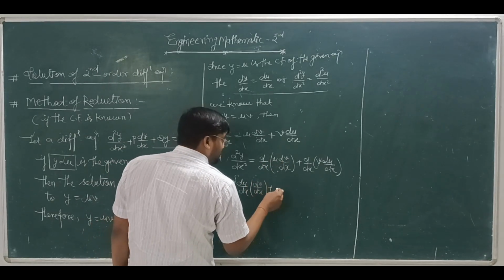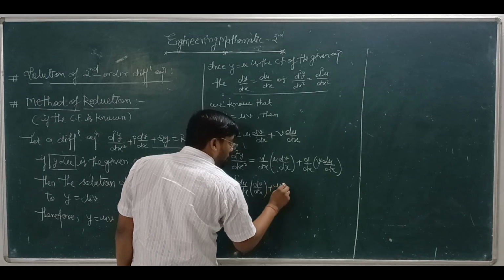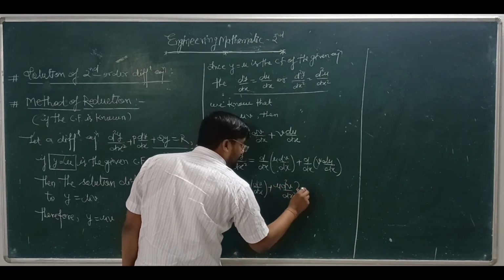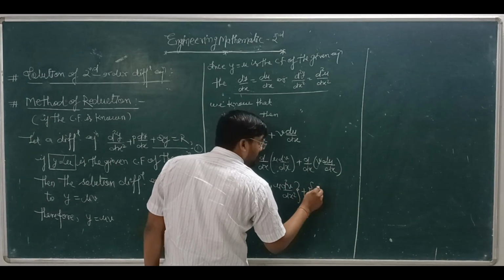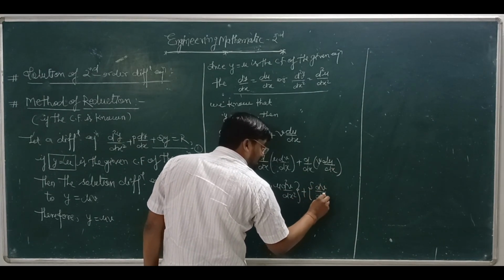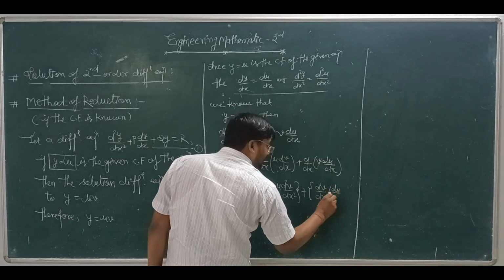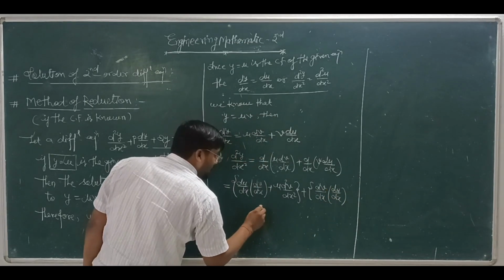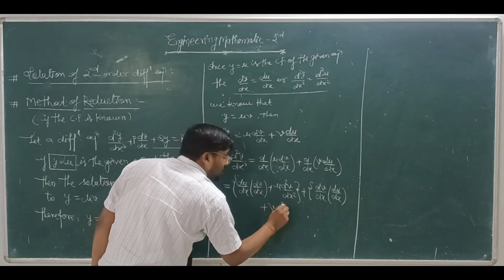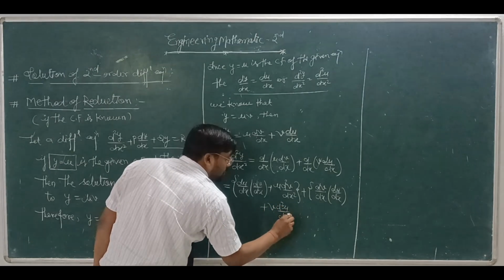Now you can write u d2v/dx2 + dv/dx du/dx + v d2u/dx2 + du/dx dv/dx.